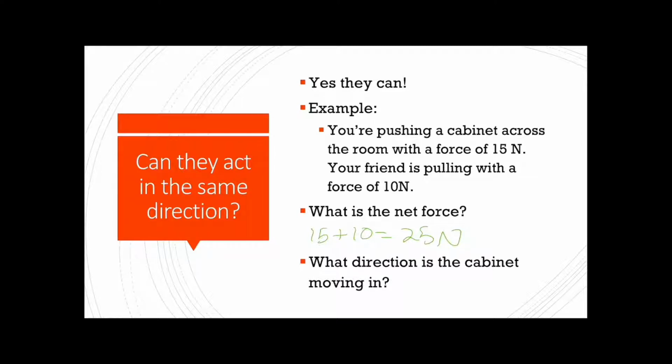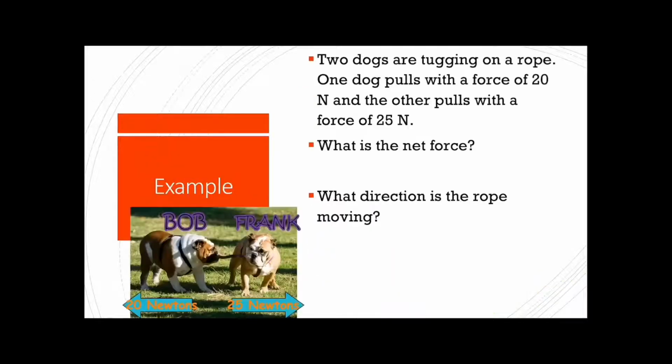Well, if your friend is pulling it, that means it's going to be moving in the direction which is towards your friend. So unbalanced forces, they can be acting in the same direction, they can be acting in opposite directions. Balanced forces are not going to be acting in the same direction because that would cause their net force to be greater than 0.